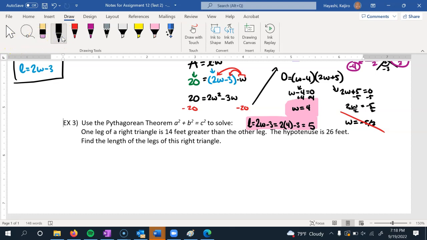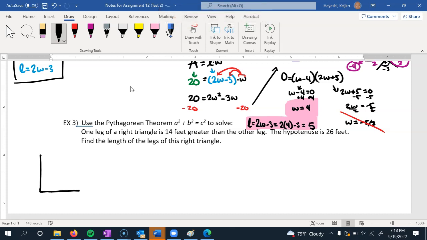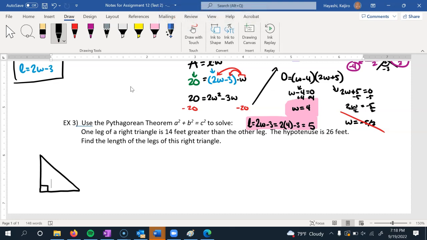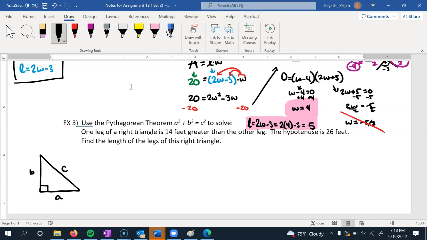In case you don't remember, a right triangle is a triangle that has a right angle. So one of these deals. A and B are the shorter sides, called the legs, and C is called the hypotenuse.